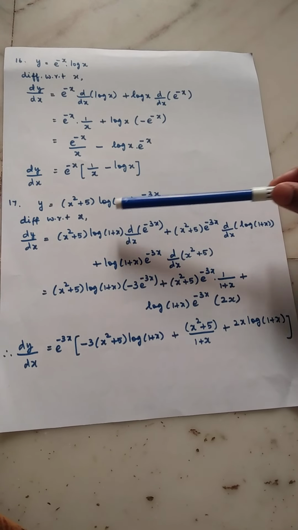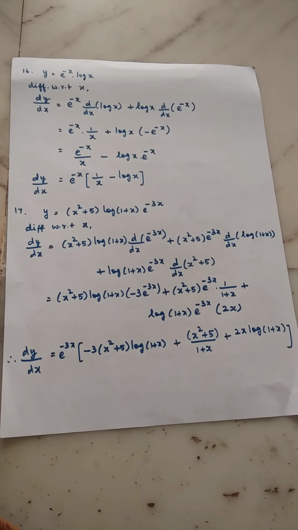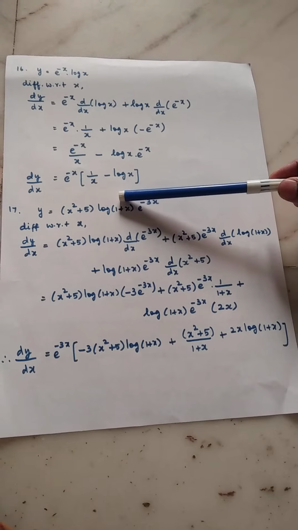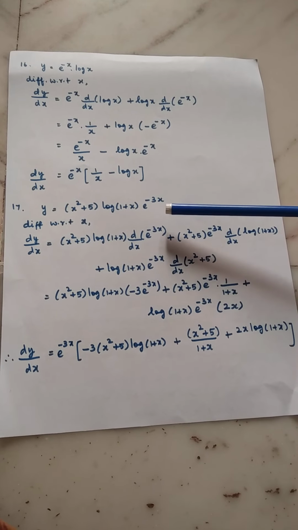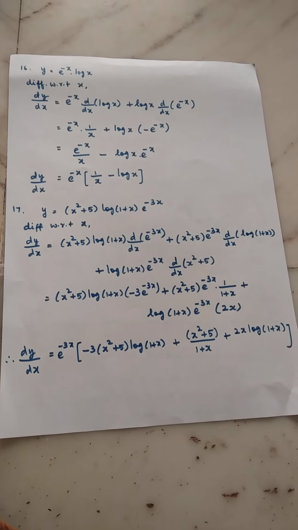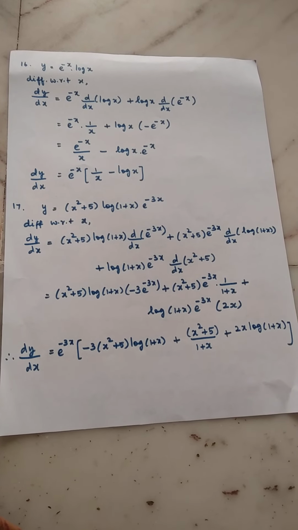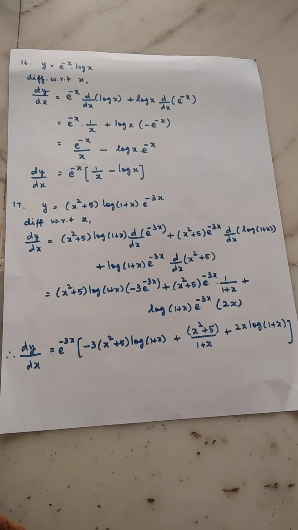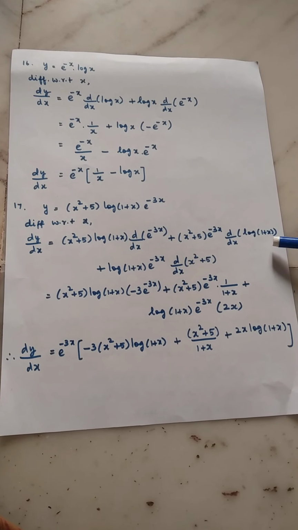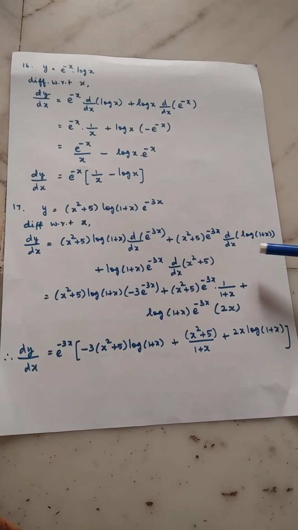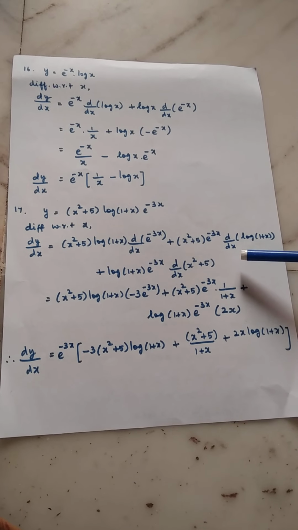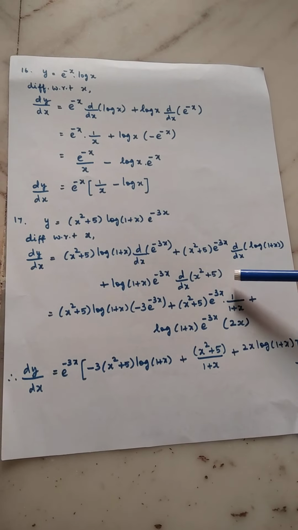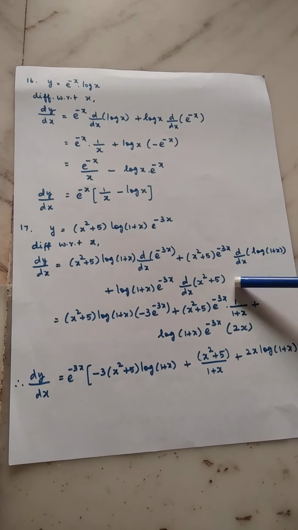So differentiating with respect to x, dy by dx equal to x square plus 5 log of 1 plus x into d by dx of e power minus 3x, plus x square plus 5 into e power minus 3x d by dx of log of 1 plus x, plus log of 1 plus x e power minus 3x d by dx of x square plus 5.